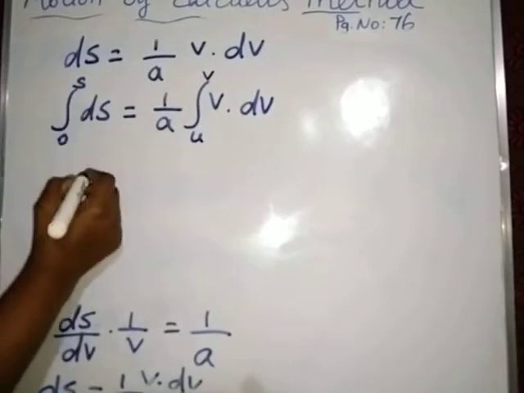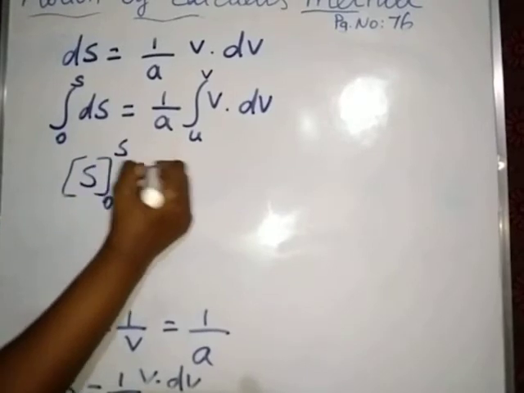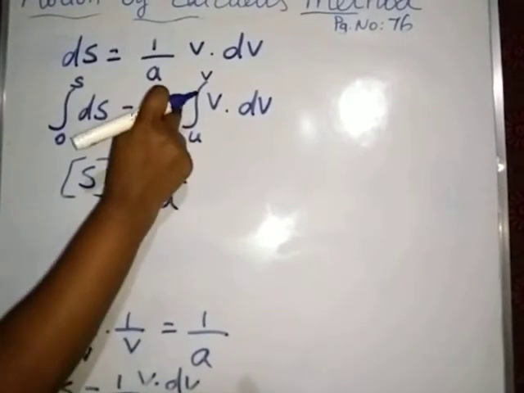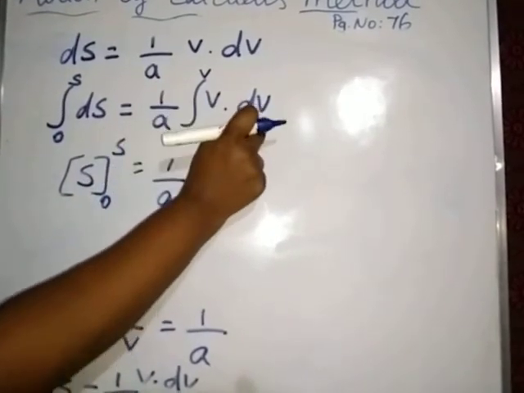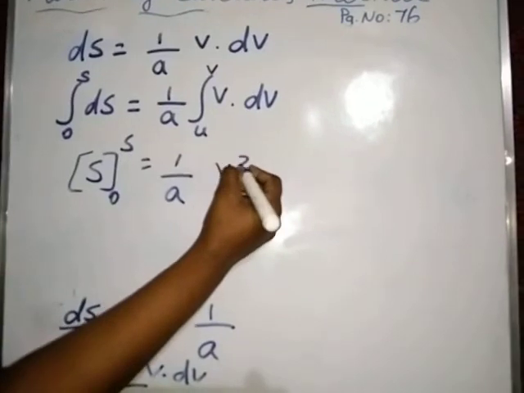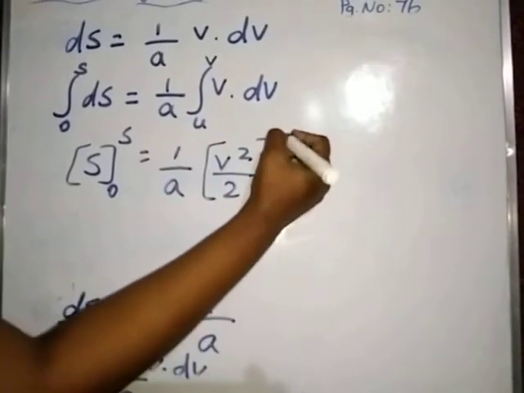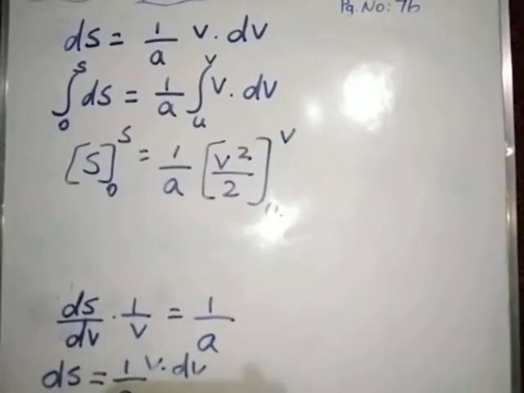Now integral ds is equal to s, 0 to s, equals 1 by a into integral of v dv. The formula for integral x dx is x squared by 2. So here v squared by 2, limits vary from u to v.